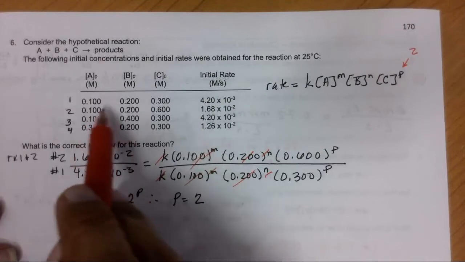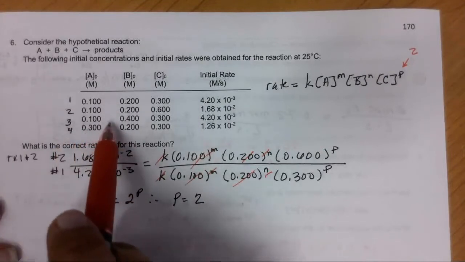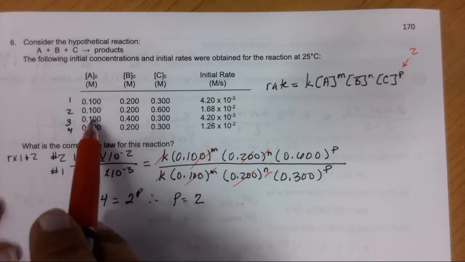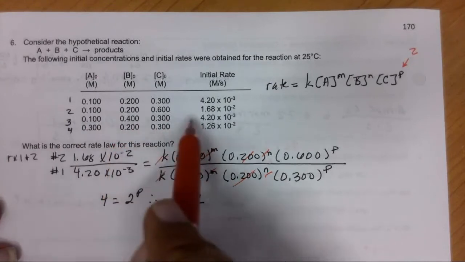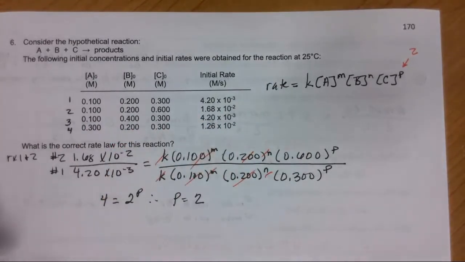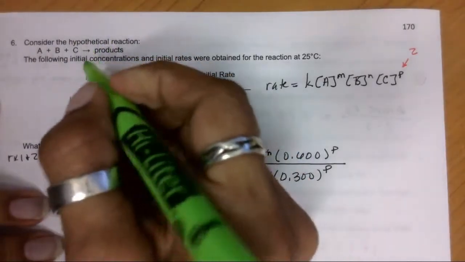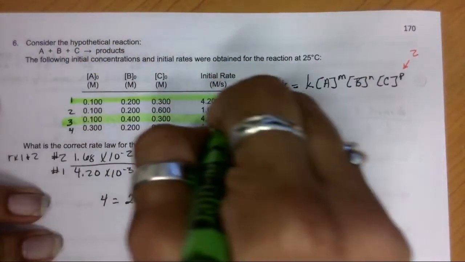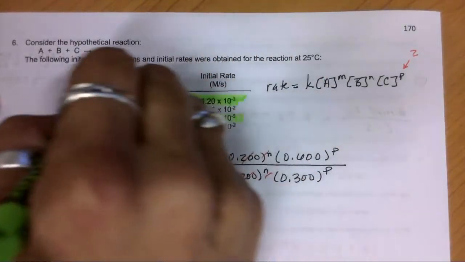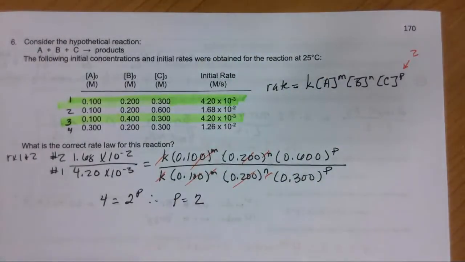Now let's see, what happens if I look at 1 and 3? A stays the same, C stays the same, B doubles, but the rate doesn't change. On that one, we can do this by inspection, so we don't need to do anything else with it. There's no need to multiply or divide or whatever.